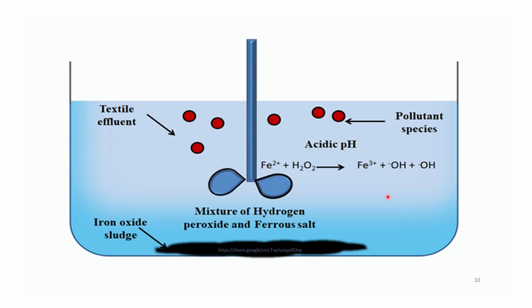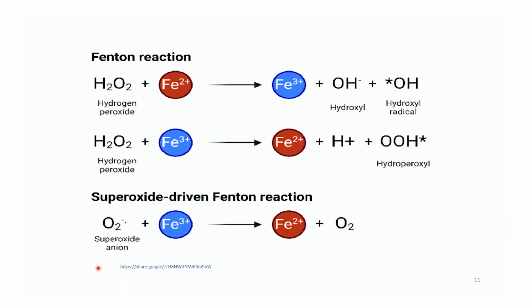These hydroxyl radicals break down your pollutant species into harmless products, either CO2 or H2O, clearing the water, leaving iron oxide sludge. That's what the famous Fenton reaction is.